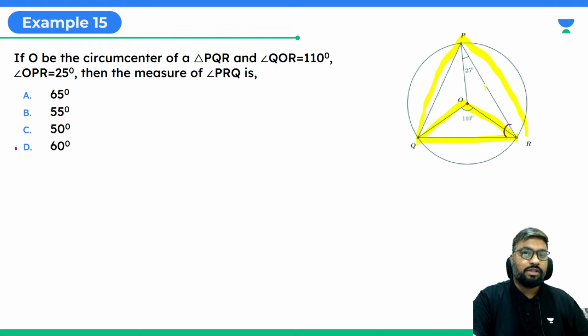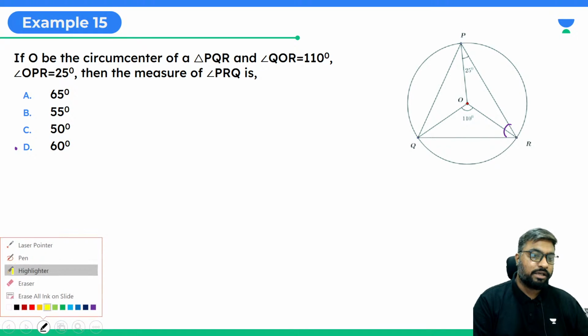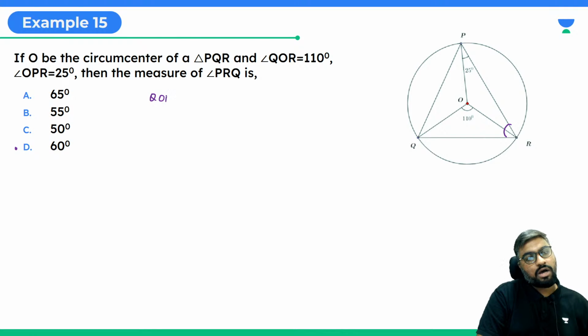Yes. So we know that if angle QOR is 110 degrees, then angle QPR should be half of it, correct? Half of 110, which is 55 degrees.